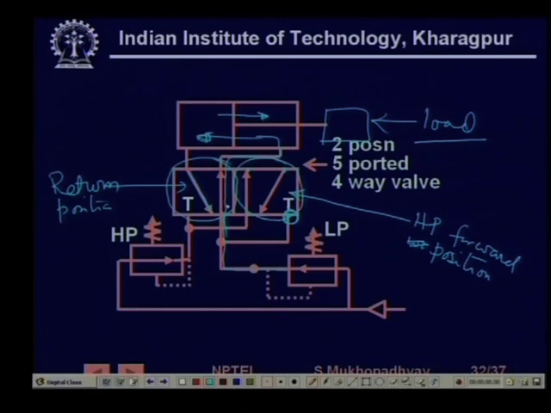So, in that case you can actually drive it using your high pressure source, right, and so that will possibly save some energy.